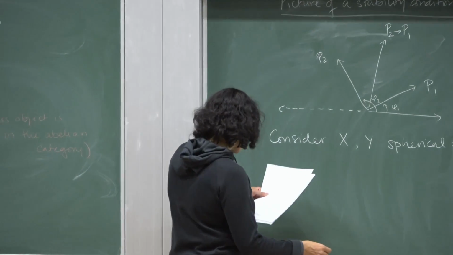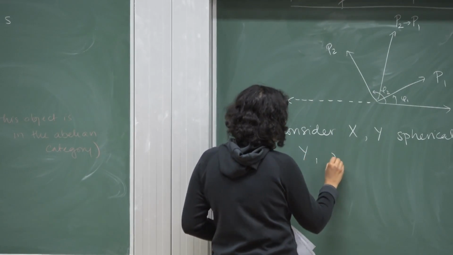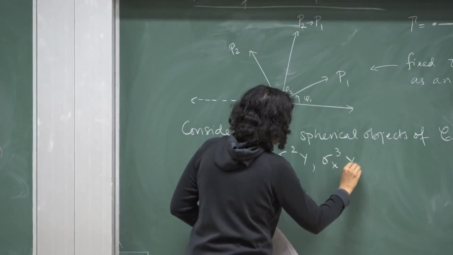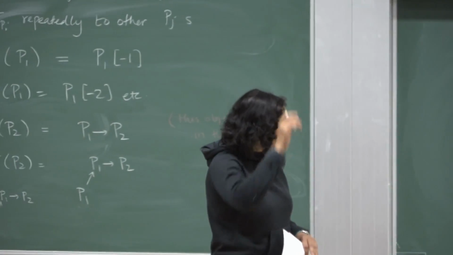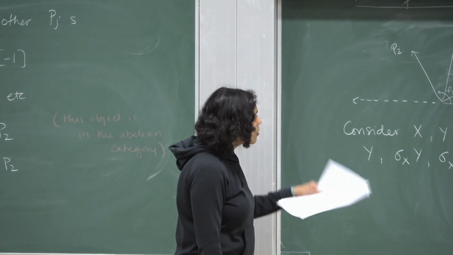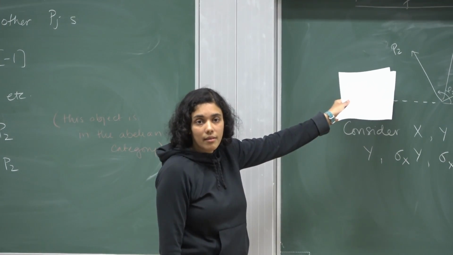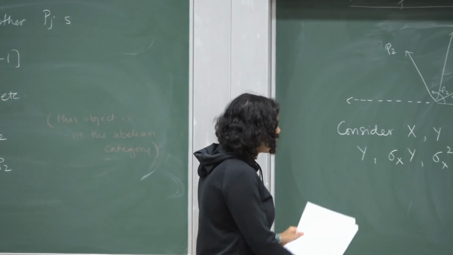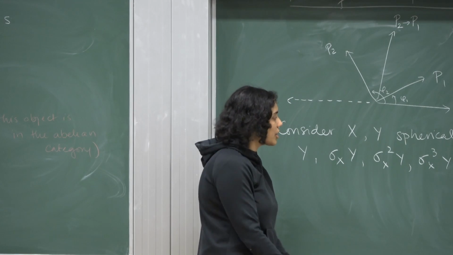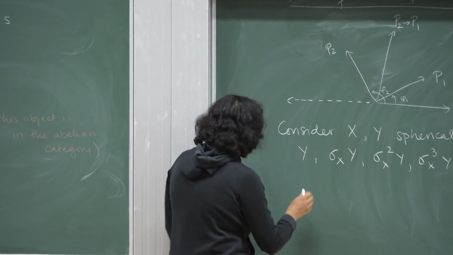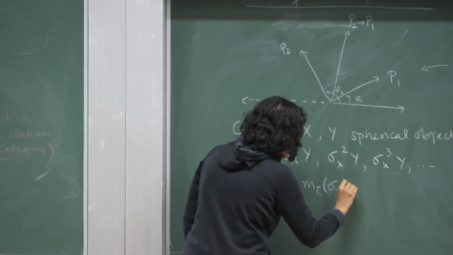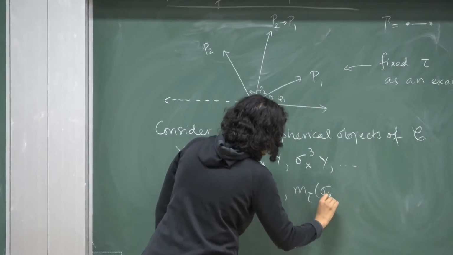Now you start with y, you apply sigma x to y, and sigma x squared to y, and sigma x cubed to y. And what happens? How do you even ask a question like this? Well, you can use the masses from your stability condition. It's a little weird to ask how these objects grow, because you have to have some measure, and the measure is given by the mass, for example. So you can start computing m tau of y, m tau of sigma x of y, m tau of sigma x squared of y, and so on.